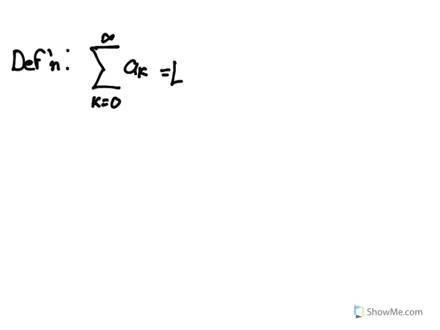From here, we're able to define what it means for a series to converge to L. So definition: a series, k equals 0 to infinity, equals L if the limit of the sequence Sn, as n goes to infinity, equals L. And again, we know how to deal with sequences.